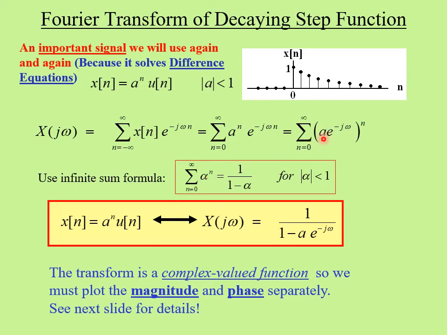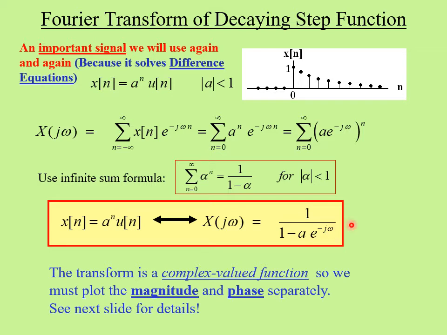So we can use this infinite sum formula, and we can immediately evaluate this expression. It's equal to 1 over 1 minus alpha, and alpha is the quantity inside the parentheses. So here is our Fourier transform. We're done. This is the Fourier transform for this signal a to the n times the step function. It's 1 over 1 minus a times e to the minus j omega.